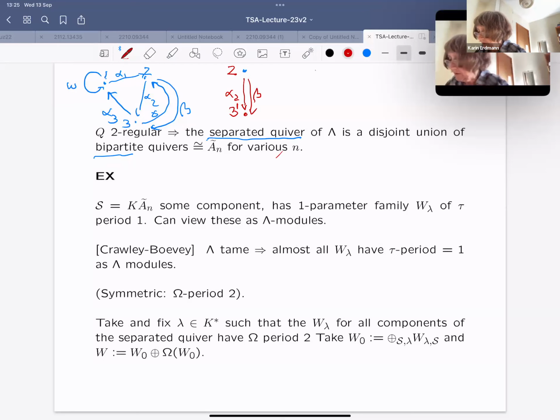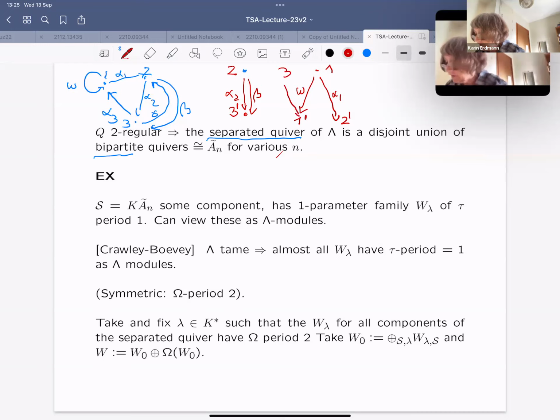I've got another one. 1 goes to 2, to 1 as well, dashed. So this is omega. Then there's also 1 to 2. And yes, what else is there? Should be a 3. So I have a 3 from 3 to 1.